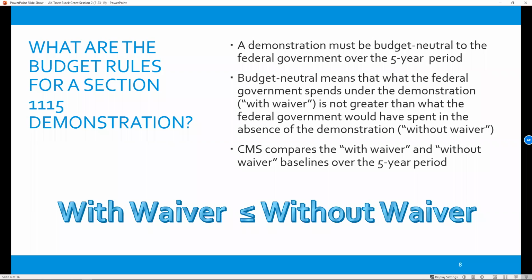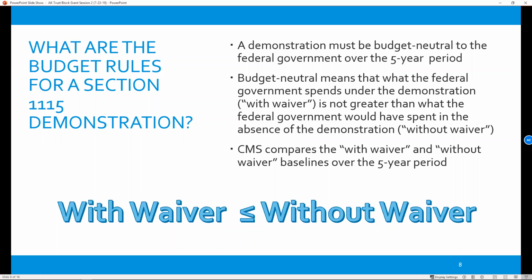It is indeed. If I could add just one additional point, again agreeing entirely with everything Andy has just said: the measurement is, and the key words in the last bullet there, over the 5-year period. So you can negotiate a waiver that is not budget neutral on a year-by-year basis.